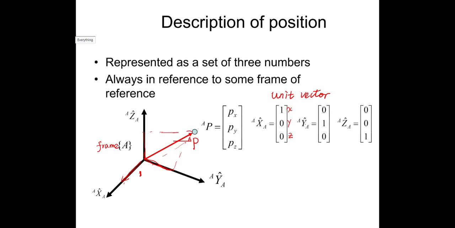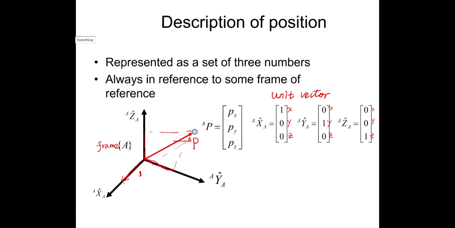Okay, so YAA means the y unit vector. Here again, this is x, and because this is y, y is 1, and x and z are 0. Okay, and ZAA, obviously here x is 0, y is 0, this is z, so z is 1.